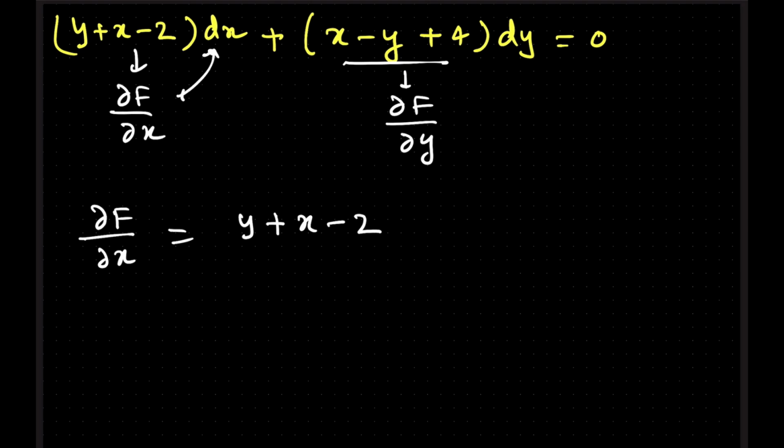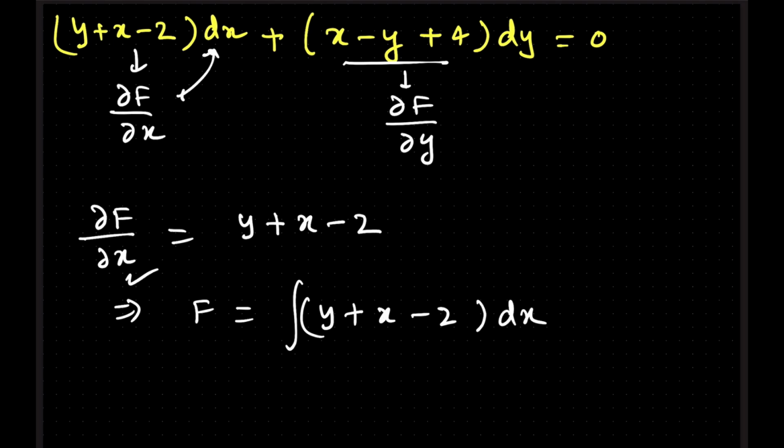So we will integrate it with respect to x. We will get f as the integral of (y plus x minus 2) dx. But remember, this is a partial derivative, so this is the x world. In the x world, when you integrate, you will get a constant, and y is a constant in this x world.